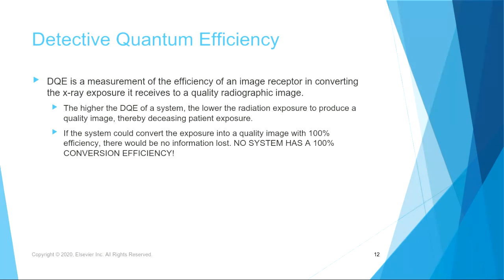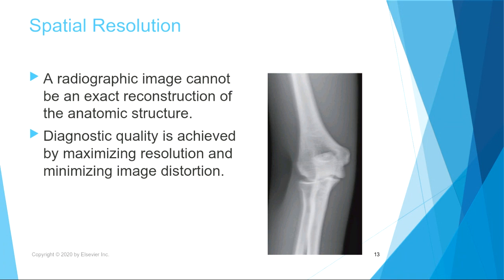Now we'll go back to spatial resolution. When we talk about spatial resolution, they tell you that a radiographic image cannot be an exact reconstruction of the anatomy. I said before that it's impossible to create an image without some amount of distortion, basically because of the OID that takes place between the patient or the part and the image receptor.